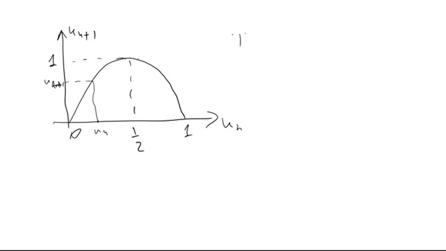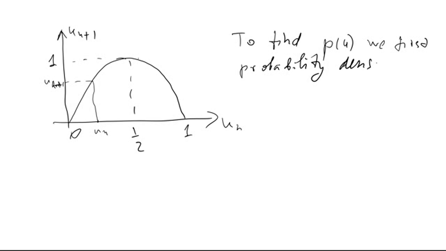To find the probability density function P of U, we will first find the probability density function for the variable theta, which we introduced in the previous lecture, where U was sine squared of pi theta.